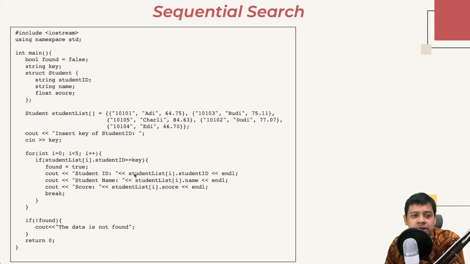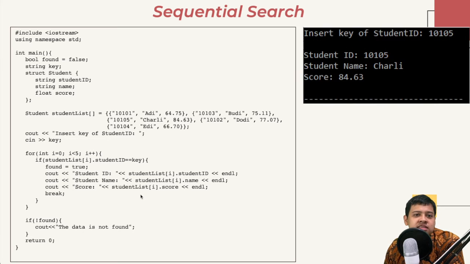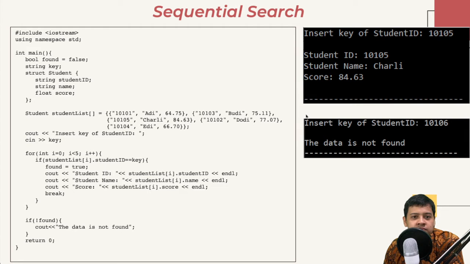So we increment one by one, and if it's found, we break, so we don't search anymore, and just output it and we're done. That's the sequential search. This is the output. If it is not found, we just output that the data is not found.